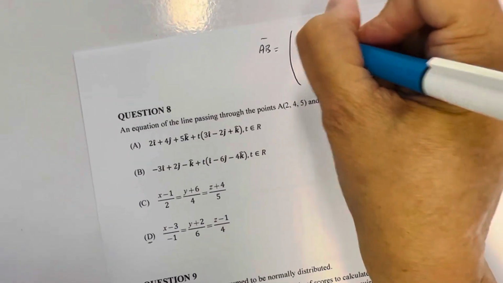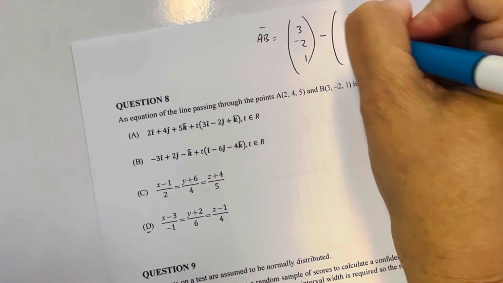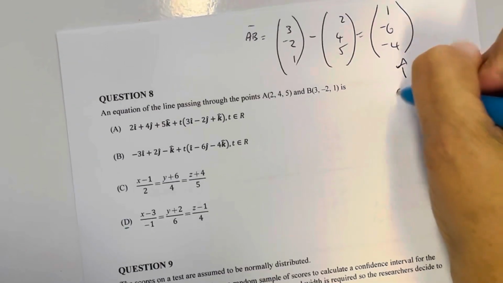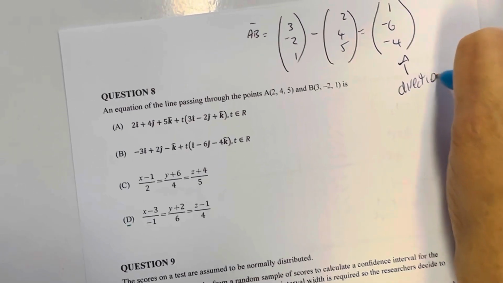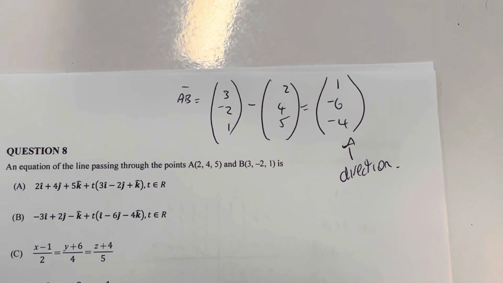That's going to be 3, negative 2, 1, take 2, 4, 5. Gives us 1, negative 6, negative 4. So this is my direction, so that's my direction of line.